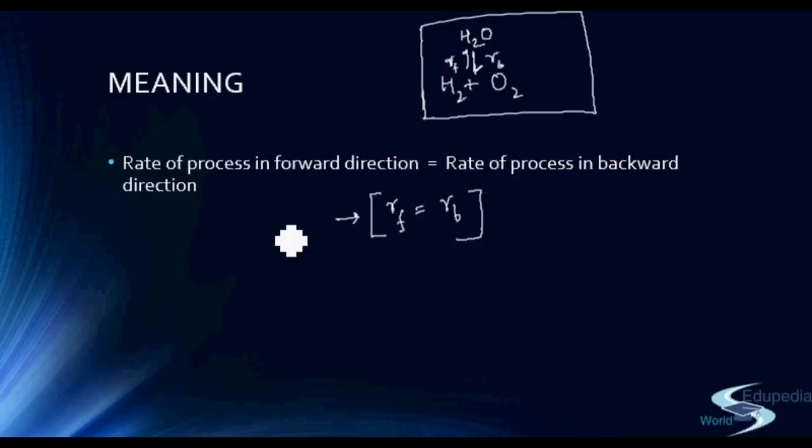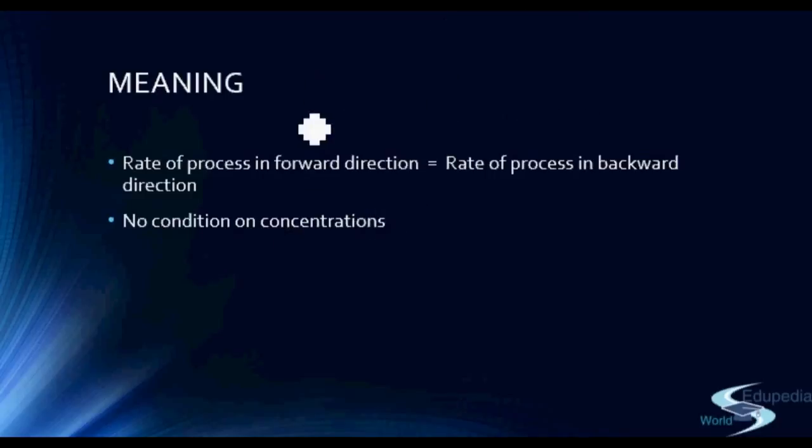Be sure that the condition for establishment of equilibrium is only on rate. There is no such condition on the concentrations of reactants and products. Though it might be that at equilibrium the concentrations can have certain constraints on them, they are not inherent to the definition of equilibrium itself.